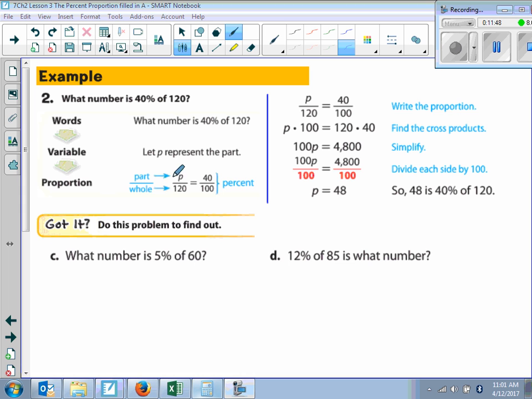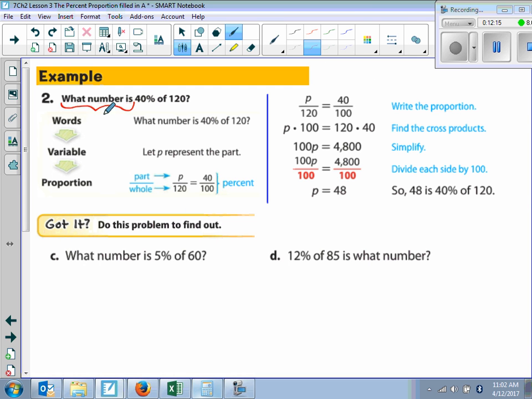All right, for the second example, here it says, what number is 40% of 20? So on this one, are we solving for the part, the whole, or the percent? Which one? We're solving for the part, right? The "what number is," that is the part, okay?